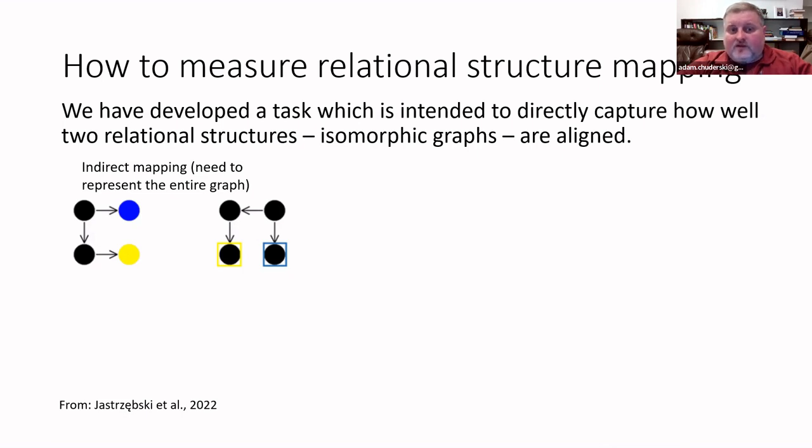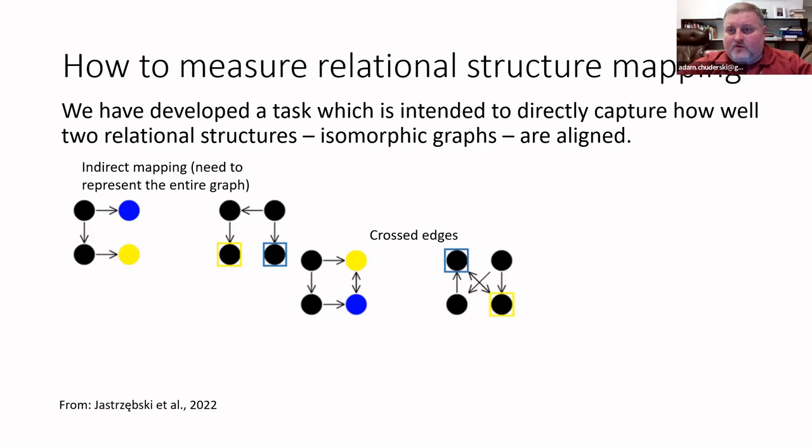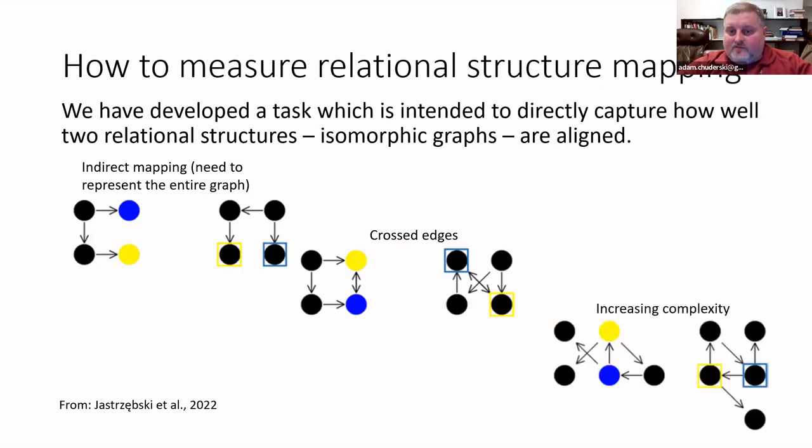But of course, you can complicate the task even more. So you can be very rude to your participants. You can cross the edges. So the perceptual similarity is even lesser and the task is more complex. And of course, you can attack their brains even more with increasing complexity and crossing edges.